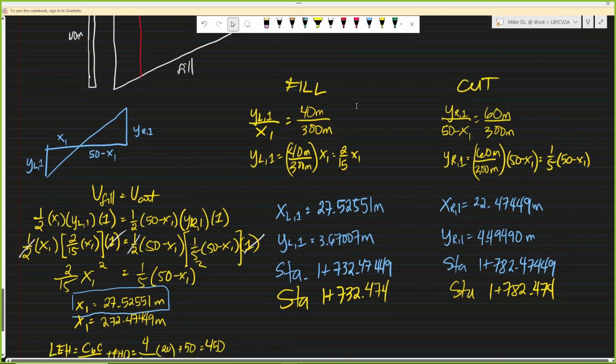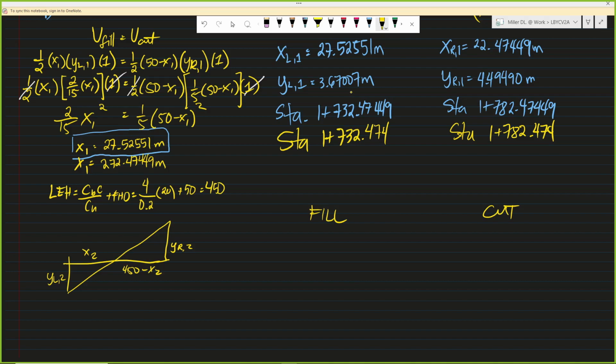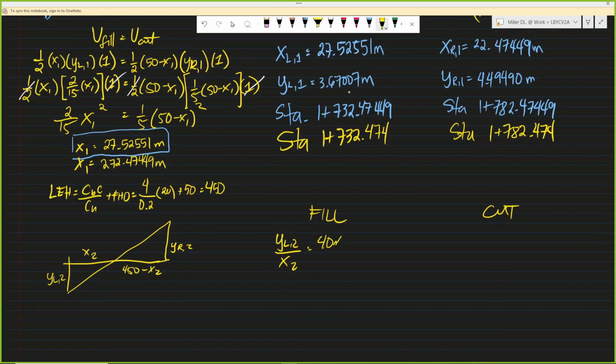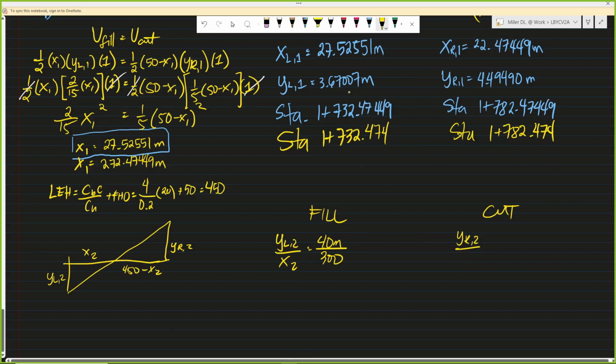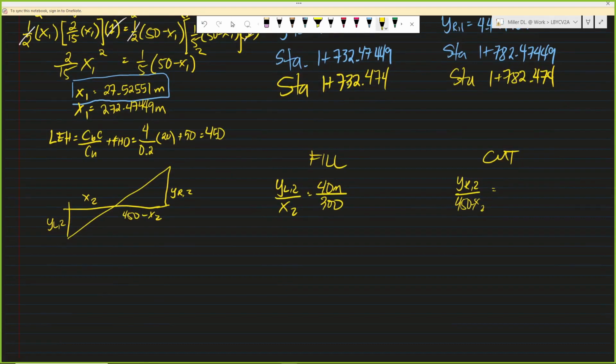Dito, same na same lang. Okay, so let's have our ratio and proportion. So y sub L2 over x sub 2 is equal to 400 meters over 300. And likewise, YR2 over 450 minus x sub 2 is equal to 60 over 300.